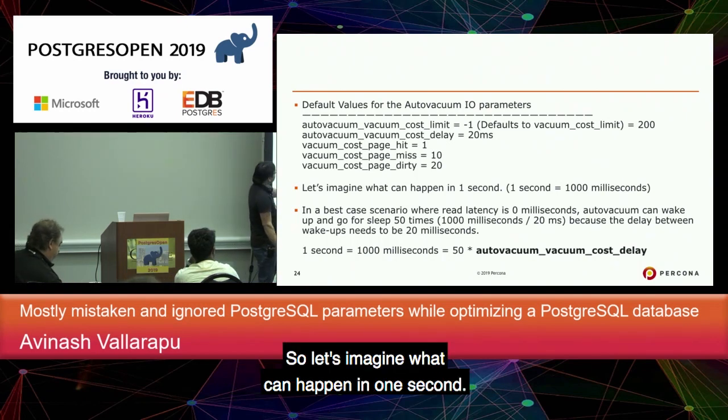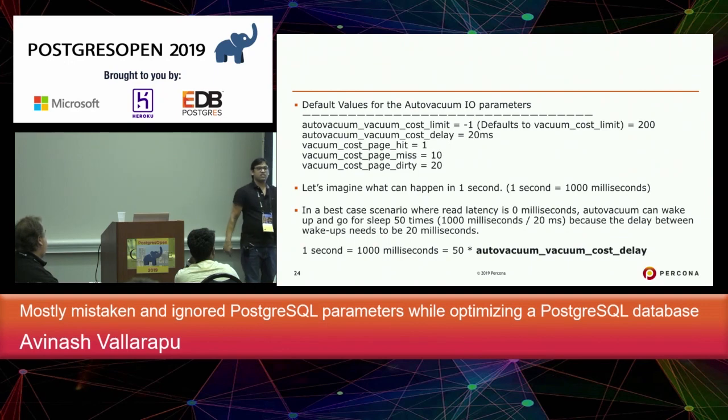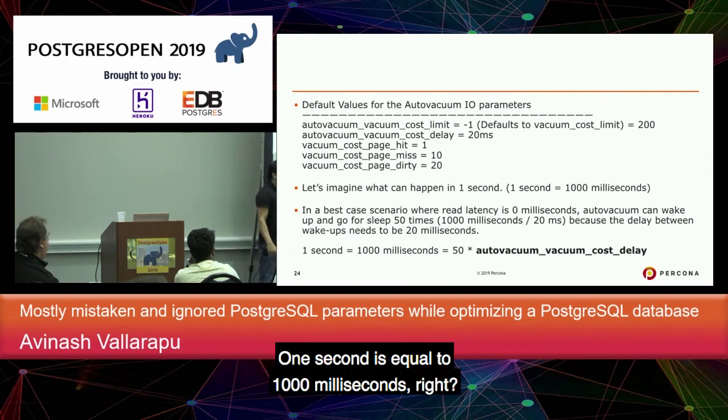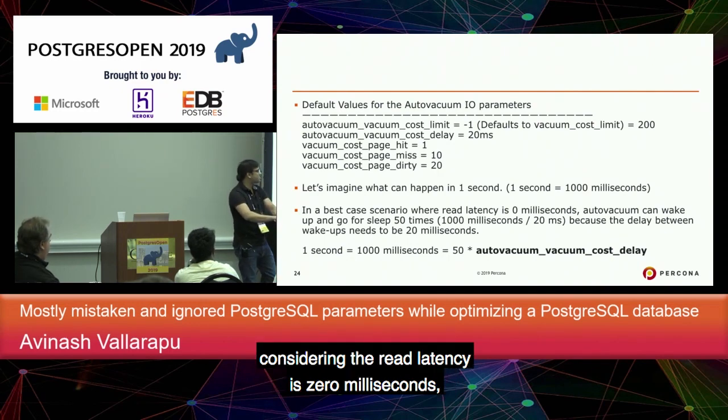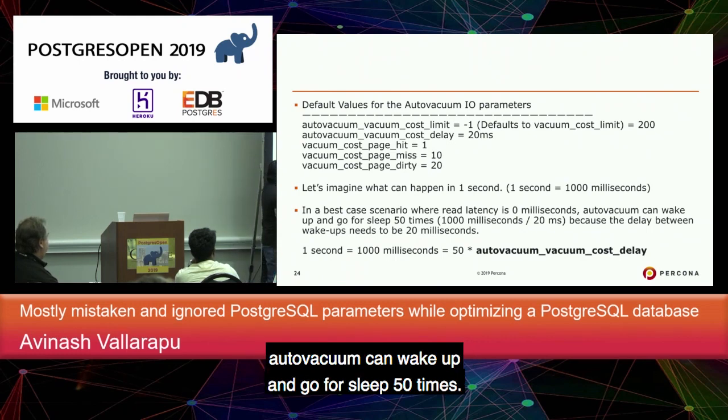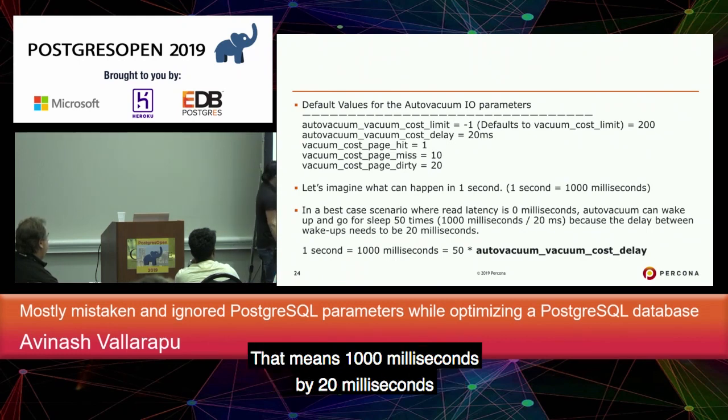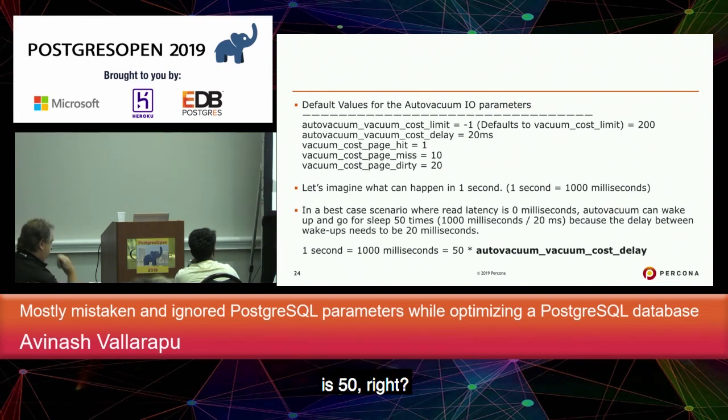So let's imagine what can happen in 1 second. 1 second is equal to 1,000 milliseconds, right? In a best case scenario, considering the read latency is 0 milliseconds, AutoVacuum can wake up and go to sleep 50 times. That means 1,000 milliseconds divided by 20 milliseconds is 50, right?